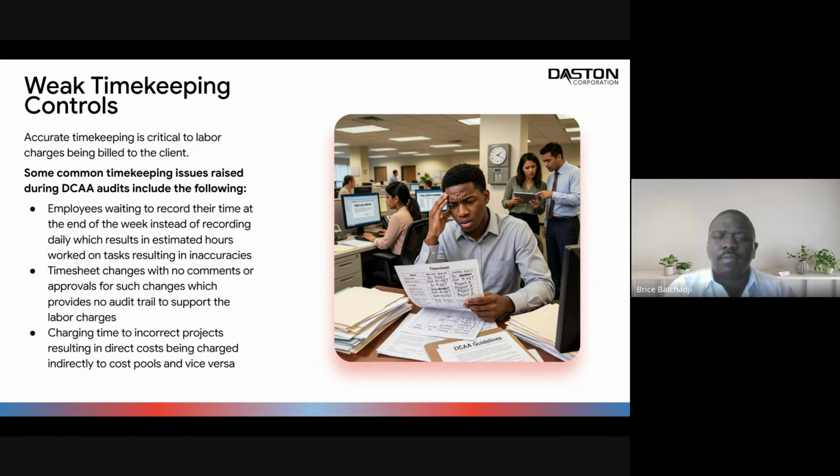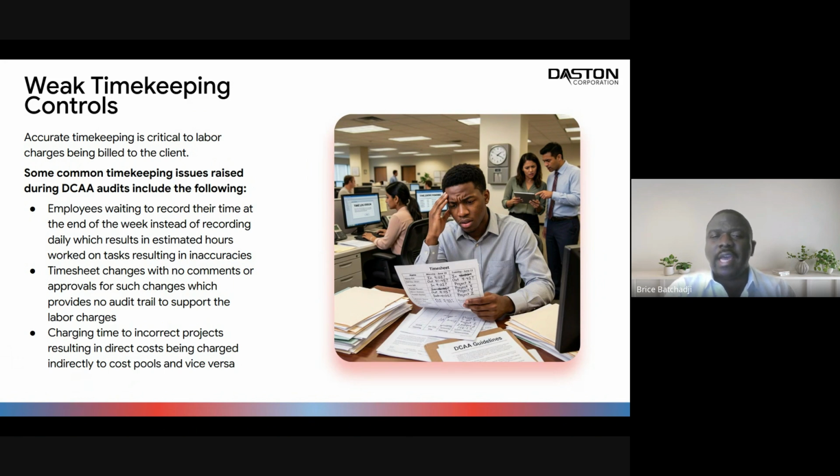And that's very frequent in instances where you might have an employee who might be assigned to several different charge codes. They might spend most of their time working on a direct billable project. But in those instances where they have downtime and they're supposed to charge maybe a G&A code or an overhead code, they forget to do that.